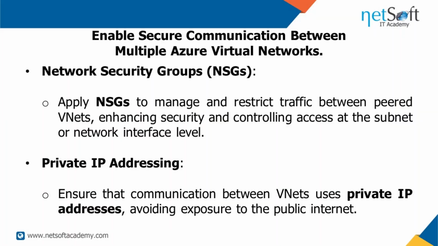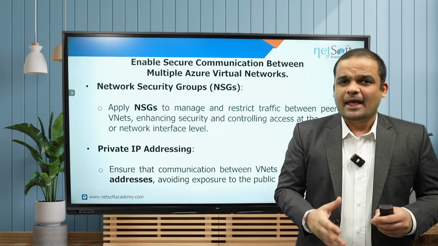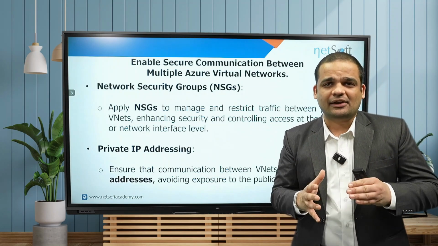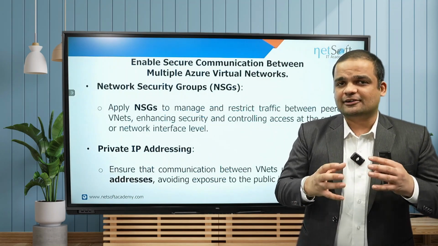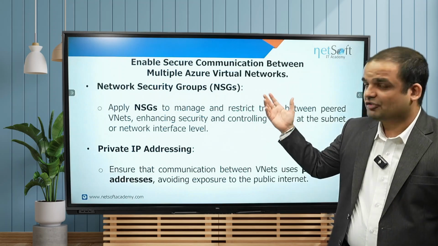Private IP addressing, well, it's all private. To ensure that communication between peered VNets is routed over private IP addresses, keeping your traffic isolated and preventing exposure to the public internet, you should use VNet peering.